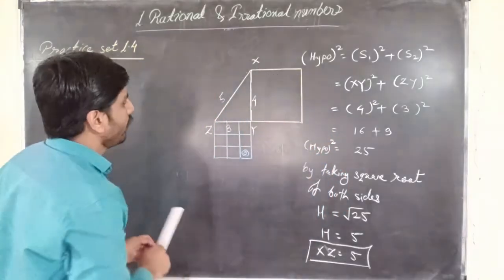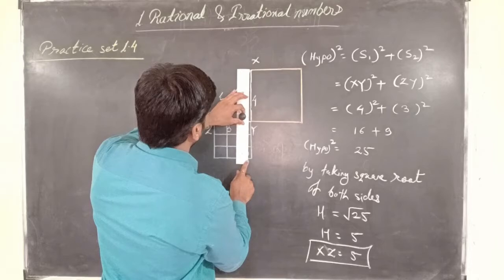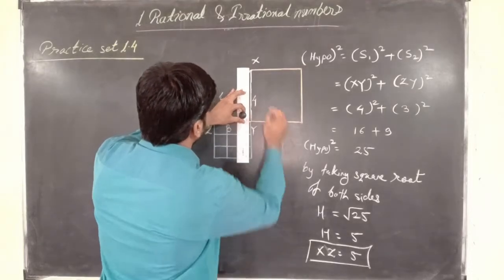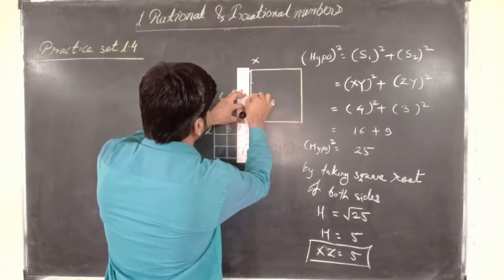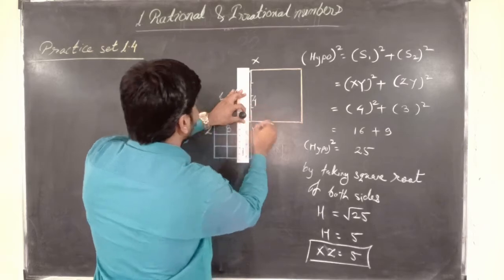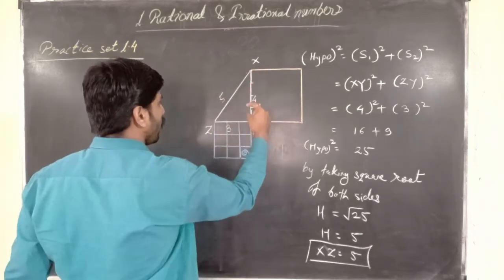Again we will divide this length in 4 equal parts. This is first unit, second, third and fourth.